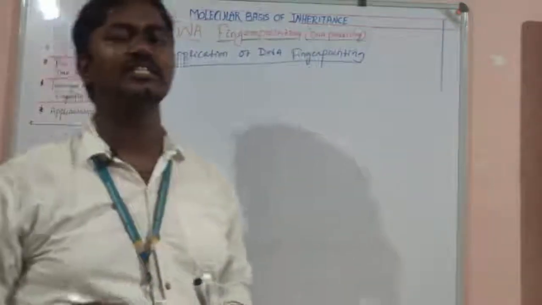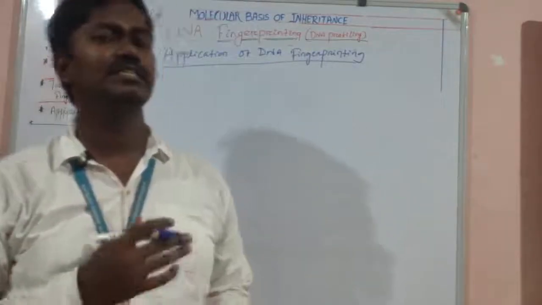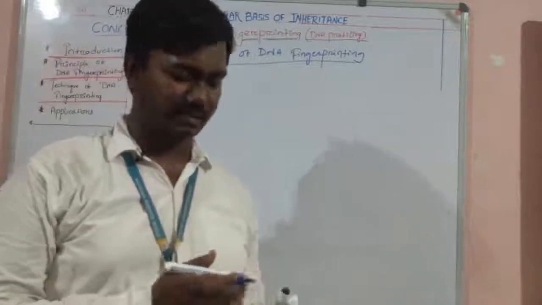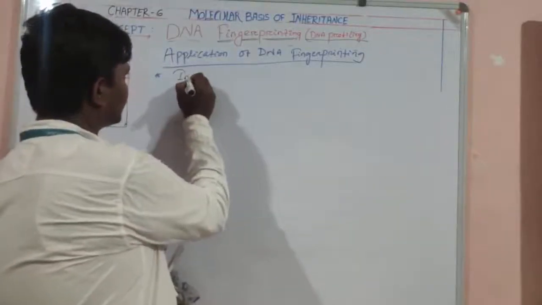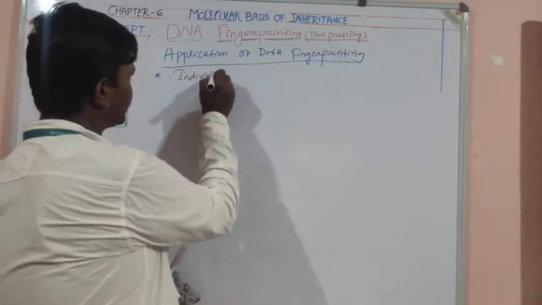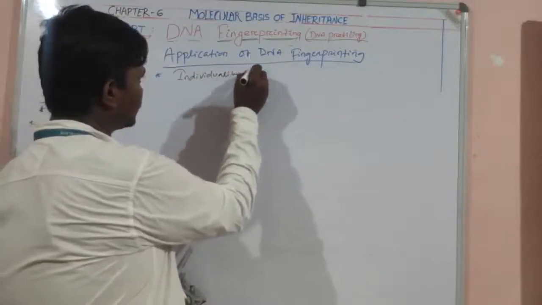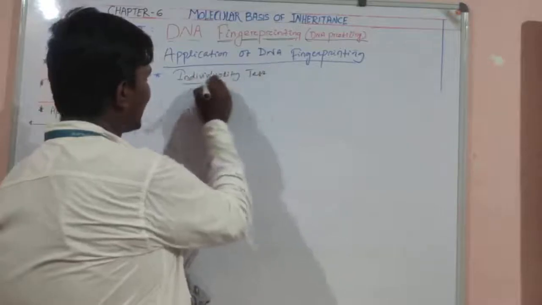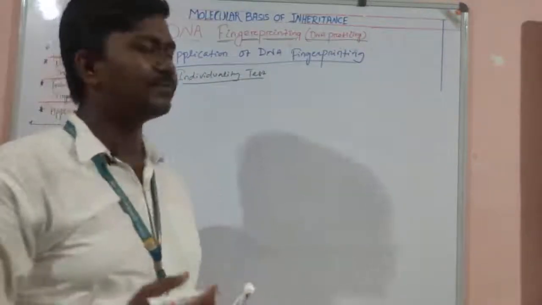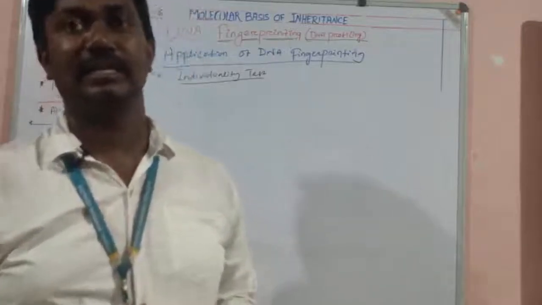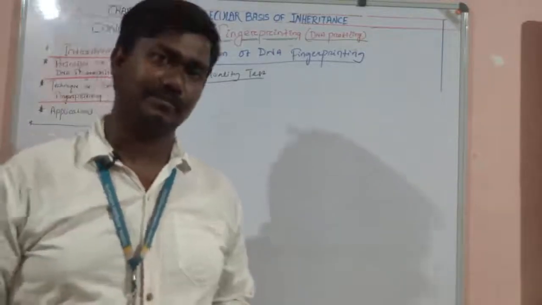One person is distinguished from another using DNA fingerprinting. This is known as the individuality test. Identical twins cannot be distinguished using DNA fingerprints as their genetic makeups are the same.